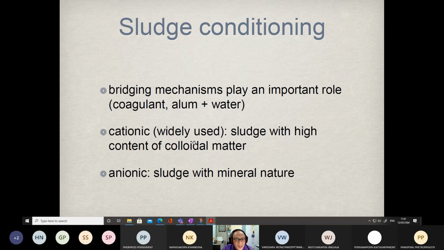They can actually establish the bonding before the dewatering is processed. So we just apply this after the thickeners.